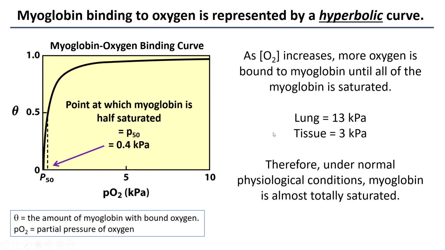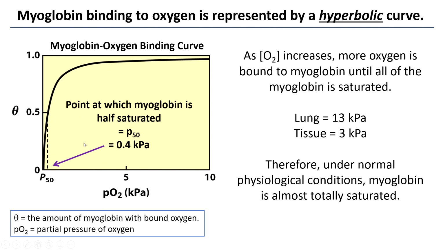Let's take a look at the oxygen concentrations of the lungs and the tissues. When you look at the oxygen concentration of the lung, it's actually not even on this scale. The amount of oxygen in the lungs is so high that almost immediately myoglobin would be saturated. However, you don't find myoglobin in the lung, so that's not really totally relevant. Where you do find myoglobin is in the tissue, where oxygen concentration is about 3 kilopascals.